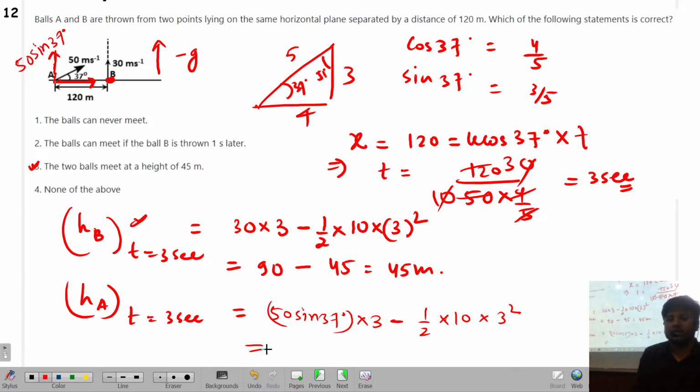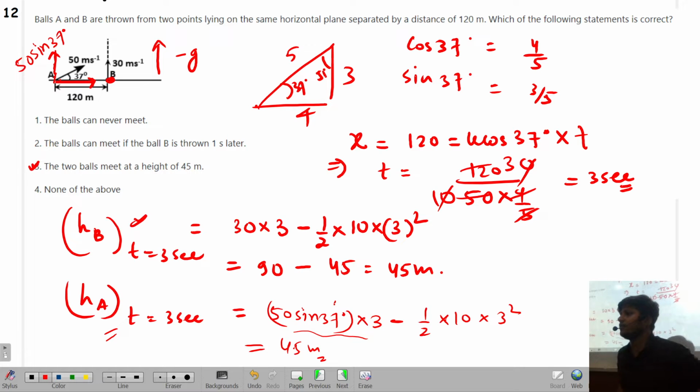Sin 37 is 3 by 5, so that is 30 into 3. Again I am going to get 45 meters. So the vertical height traveled by A and by B in the same time is similar. So definitely they are going to collide at a height of 45 meters.